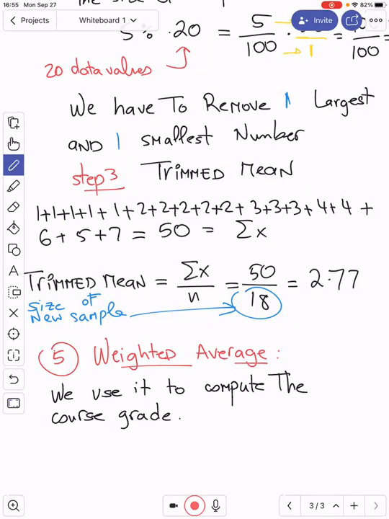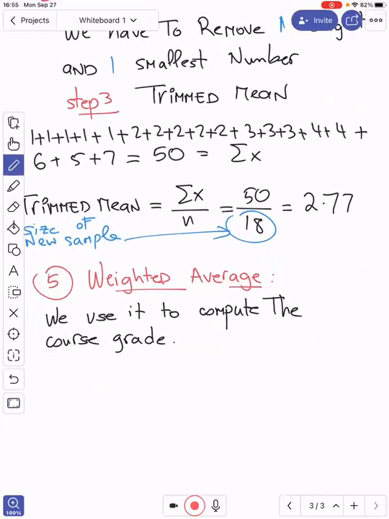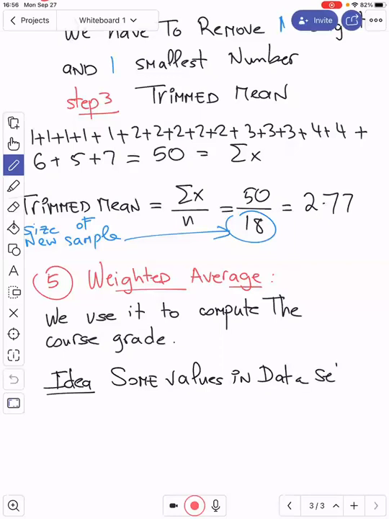So the idea is that some values in the data set are given more importance than others.